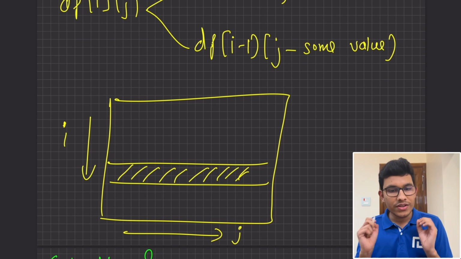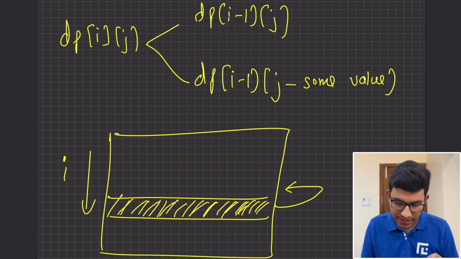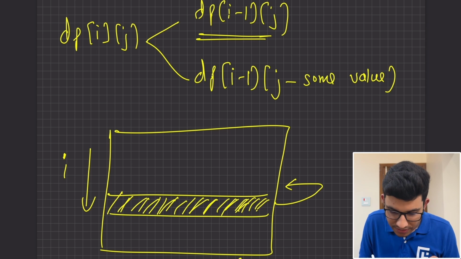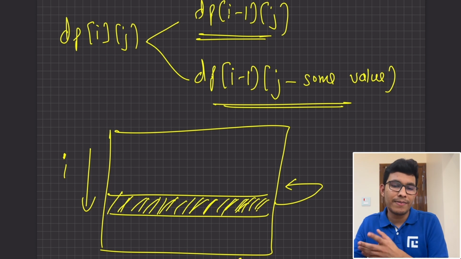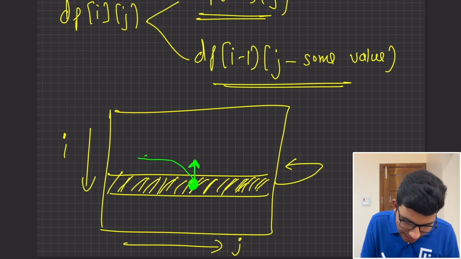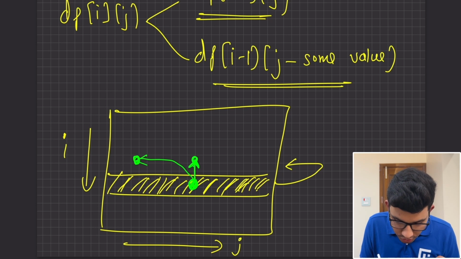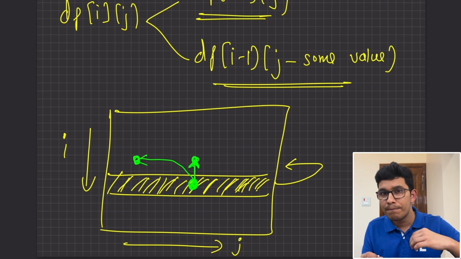What you're saying is that in order to calculate the values of this particular row, it only depends on the values of the previous row. See, it depends on dp of i minus 1 j and i minus 1 j minus some value. So what I know for a fact is that this particular element, this green element, is first of all dependent on this value. And secondly, it is dependent on some dp of i minus 1 j minus some value, right? It is dependent on some two values in the previous row.